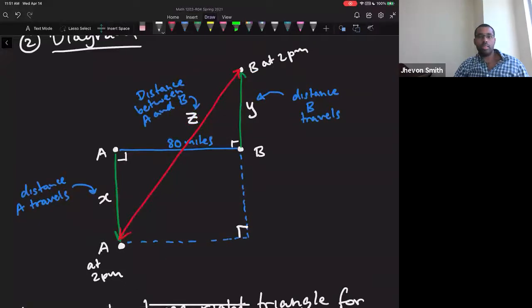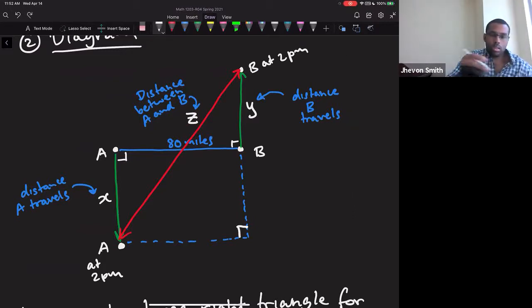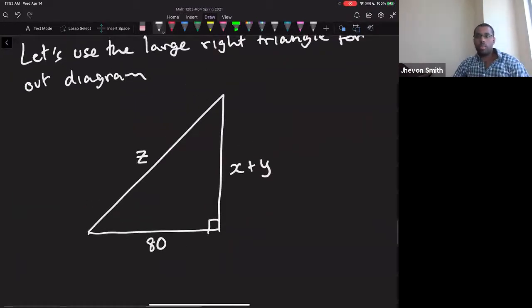I'm talking about this length here. What is that? Isn't it X plus Y? It's X plus Y, right? You can't label it with a number because it's changing. In fact, it's growing. So that is our diagram and proper labeling.